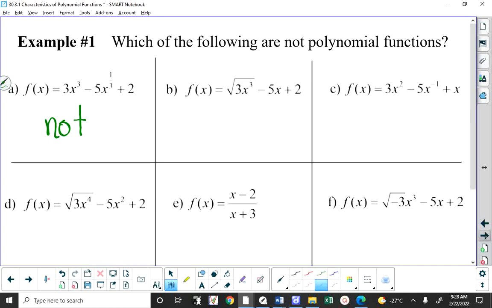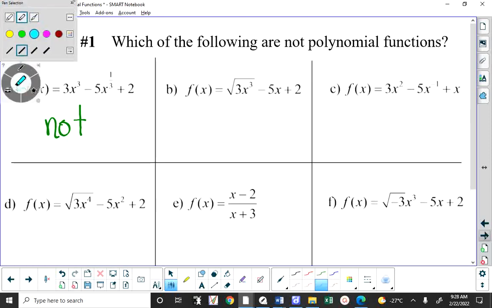Right. And a third is not a whole number. Those exponents have to be whole numbers. So in terms of calling it a polynomial function, that's a problem because you cannot have a fractional exponent. It must be a whole number.